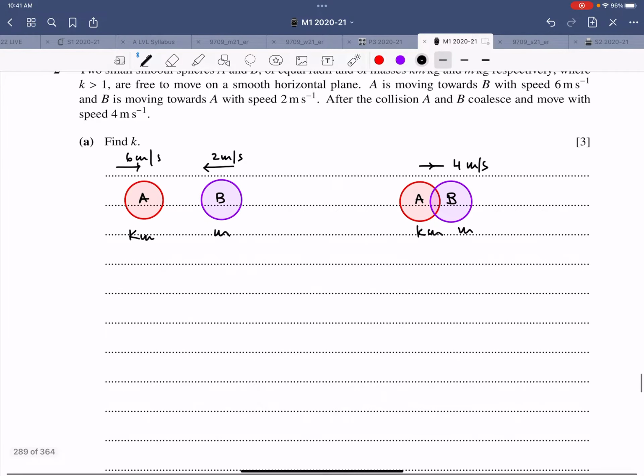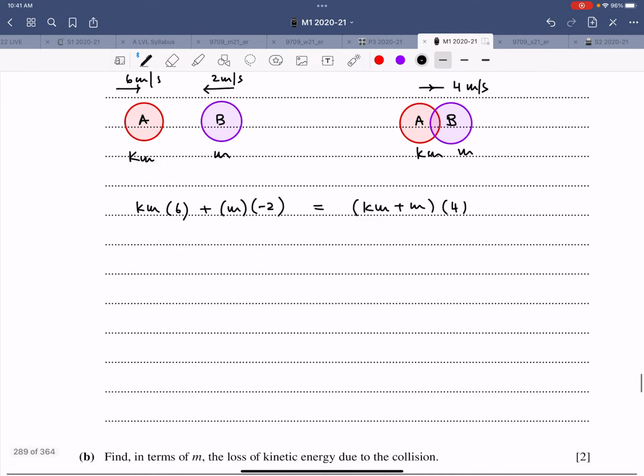So you would do the working, that is km multiplied by 6 and m multiplied by negative 2, because it's in the opposite direction, equals km plus m multiplied by 4. That is the reason that they have written that k is greater than 1, because it would be pushing it in that direction.